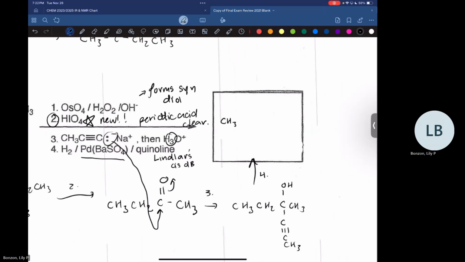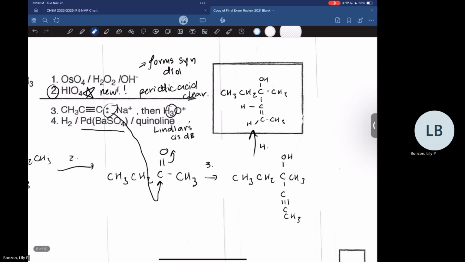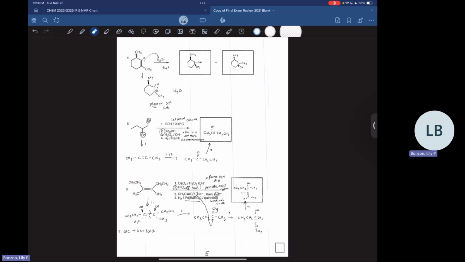So the rest of our group will be the same. I'm going to draw the hydrogens on the same side of that double bond. Any questions on this page? Okay, and go ahead and move on.